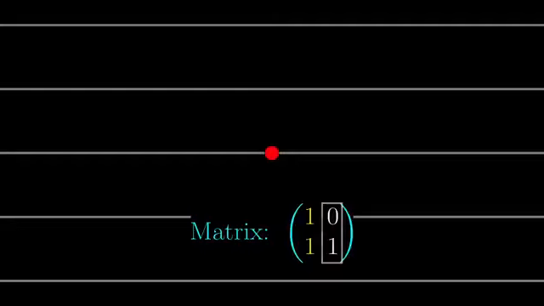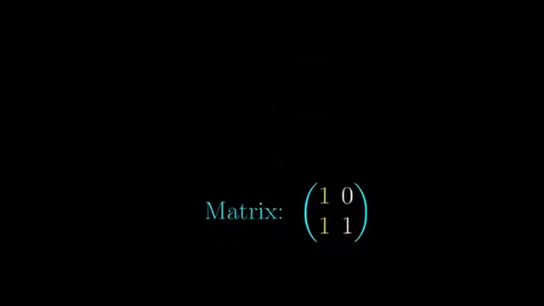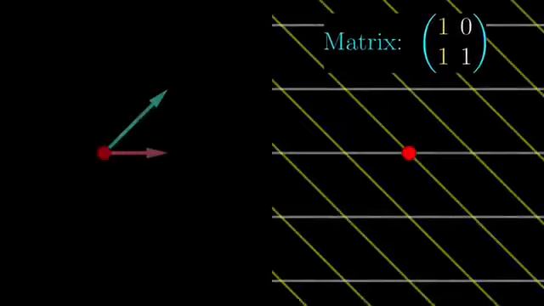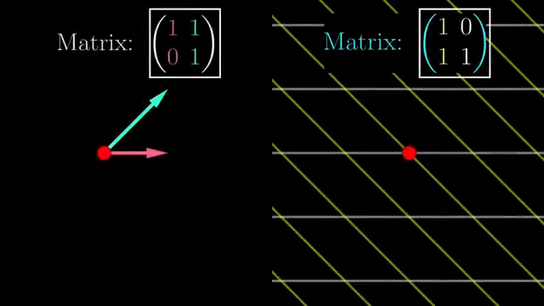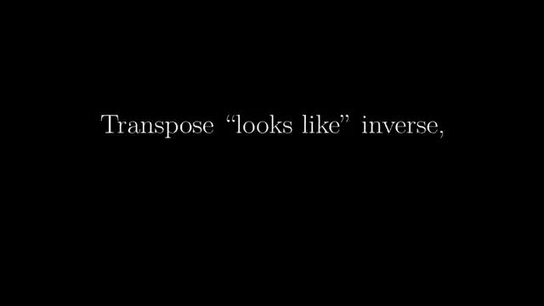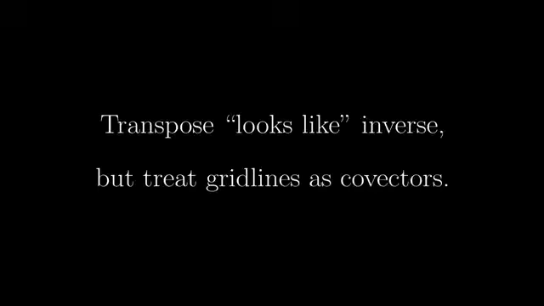Now compare this matrix of this so-called left shear with the original right shear. You can see that the matrices are indeed just swapping rows and columns of each other. We will have more examples later on, but this hopefully convinces you that the transpose looks like inverse, but you have to treat those grid lines as covectors instead.